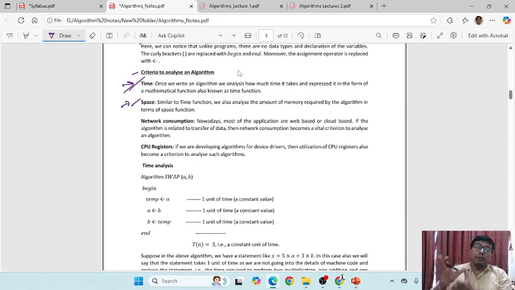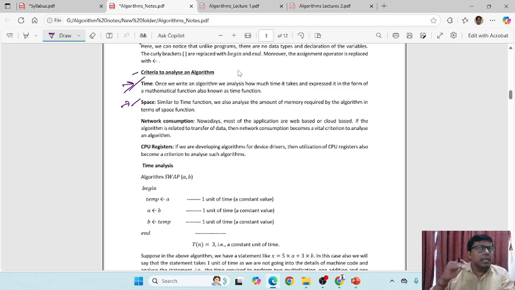The amount of memory consumed by the corresponding program for a particular algorithm can be expressed in algorithmic phase with a mathematical function, and that is your space function.